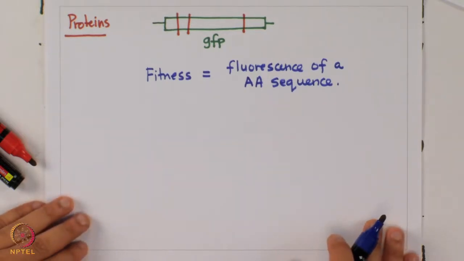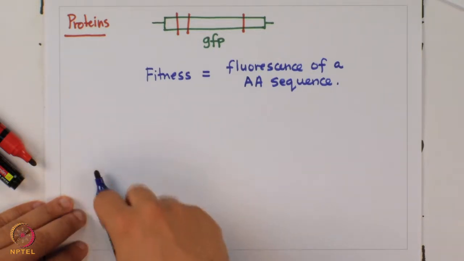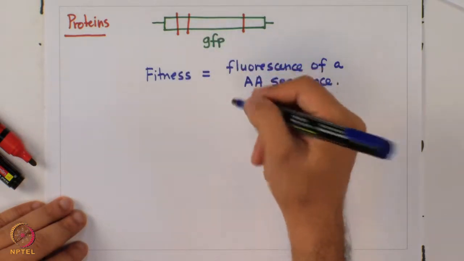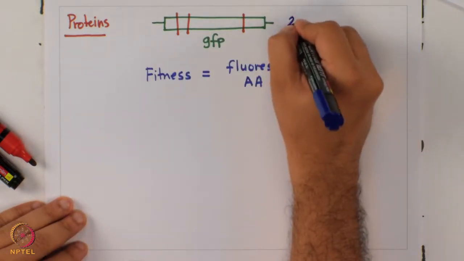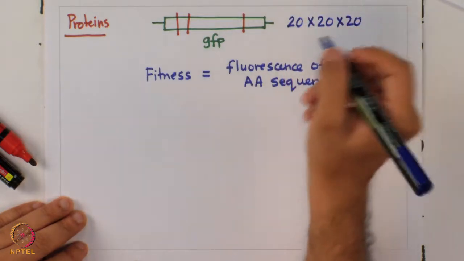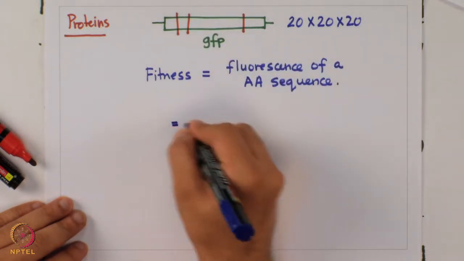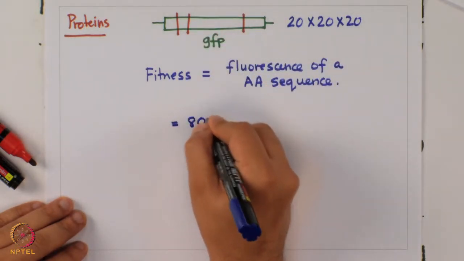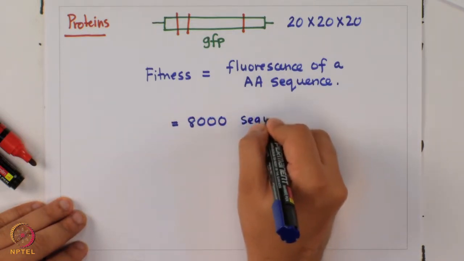So, if I want to study these 3 residues and find out the corresponding fitness landscape, then I am going to have to generate a number of variants, and that number of variants is now going to be 20 into 20 into 20, because I have a choice of 20 amino acids for each of the residues, and that comes out to exactly 8,000 sequences.